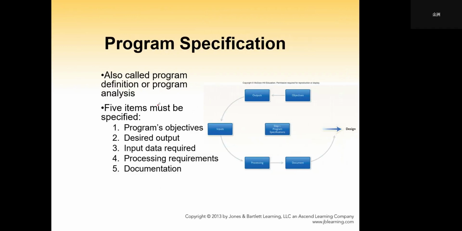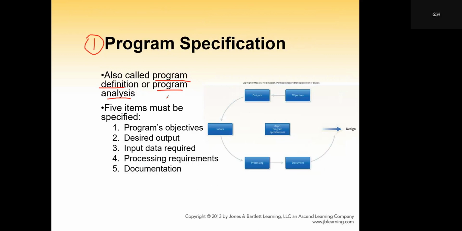So for the first step, the program specification, which we also call the program definition or the program analysis. In this process, we can learn from the names, right? We analyze the problem. We define what the problem is and what the expected results are.